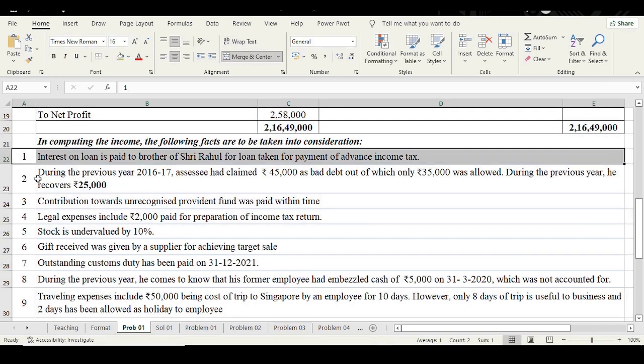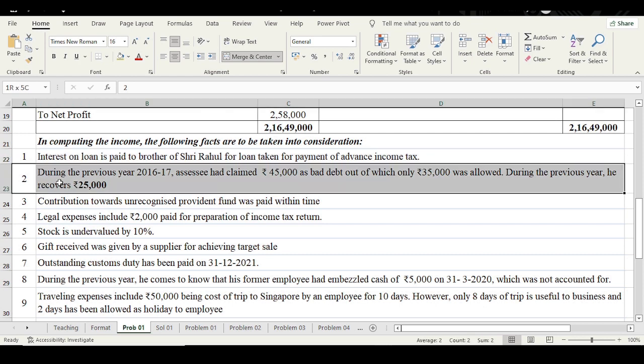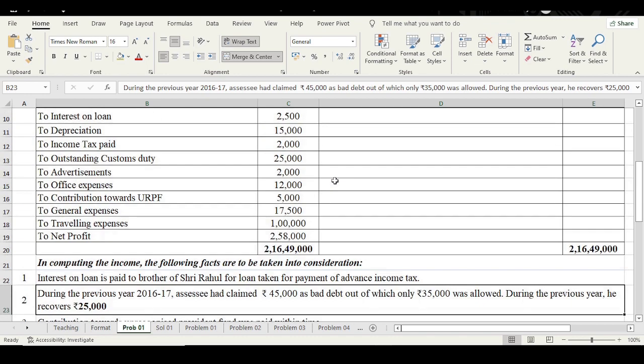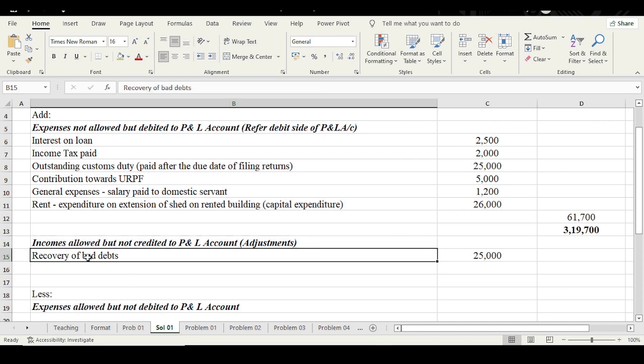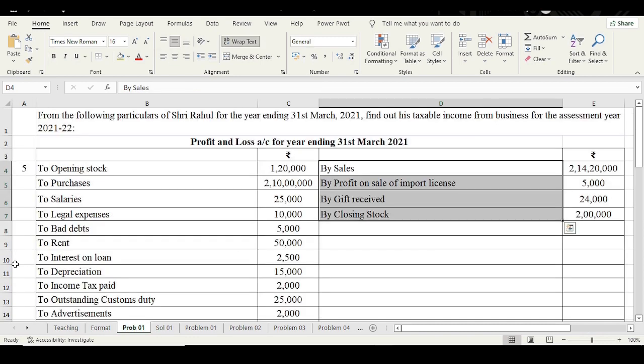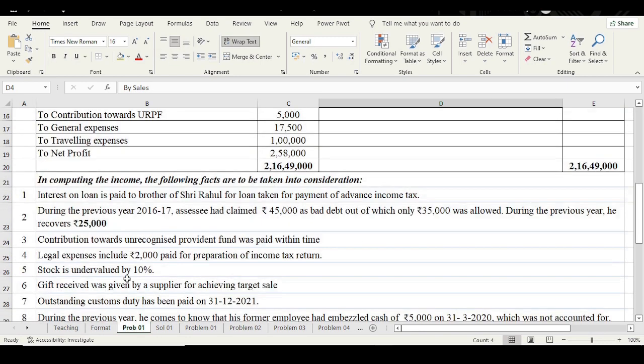First one is in relation to interest on loan. It's an expenditure. Second is bad debt. Again, recovery of bad debts. This is an income which is not entered on the credit side of the profit and loss account, which you have already mentioned. Okay, so this is already taken into consideration.